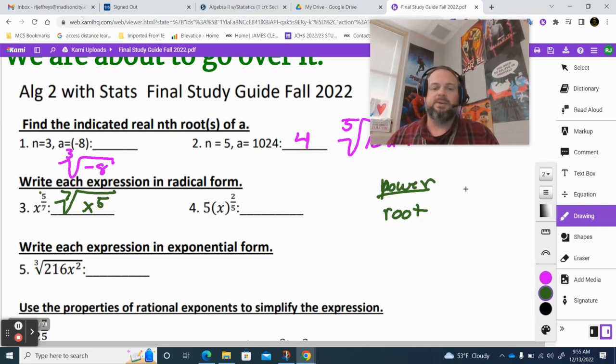And this one right here, the only thing that has the stuff on it is the x. So this is the 5th root of x squared. You have one problem like this.